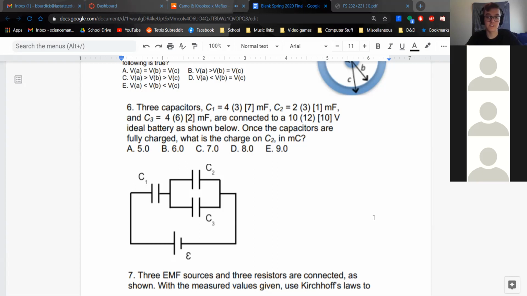It does apply here, Christian. You are allowed to do that, but you do need to be careful about how you apply it, because C equals Q over V is true for each individual capacitor, but you have to combine these capacitors carefully.